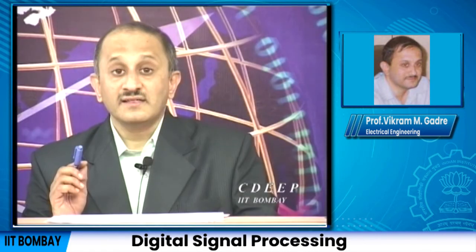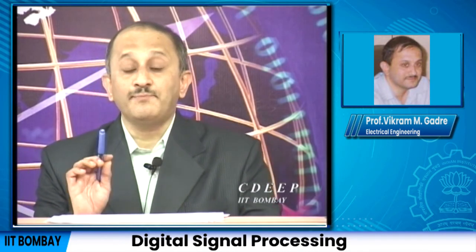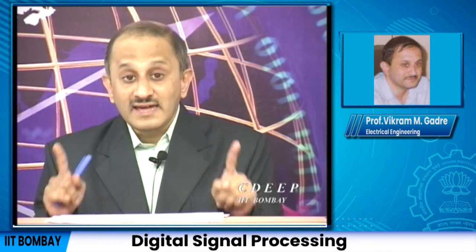Now, this example brings a very important point to light. You notice that in this example, the output Z transform is the product, it is the convolution of the sequences x[n] and h[n]. It is a convolution of the input with the impulse response, but it also happens to be a linear combination of the input and the impulse response.